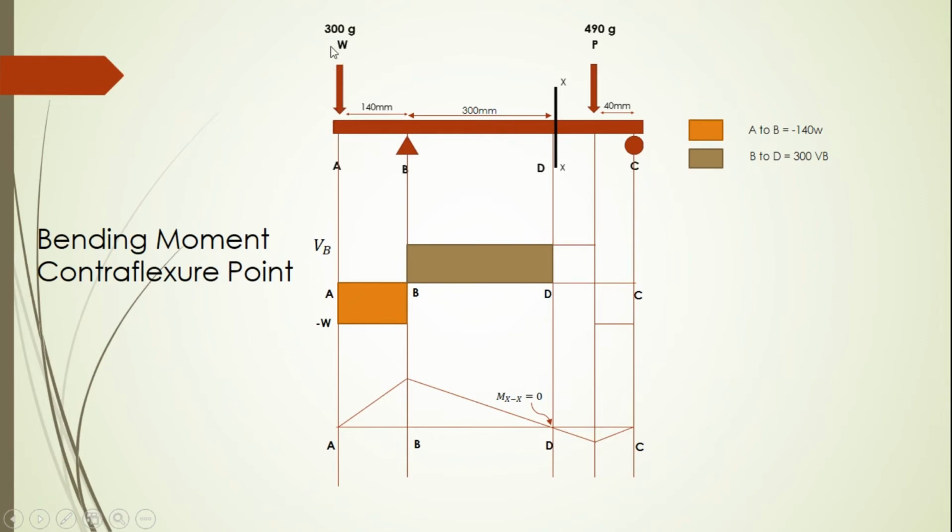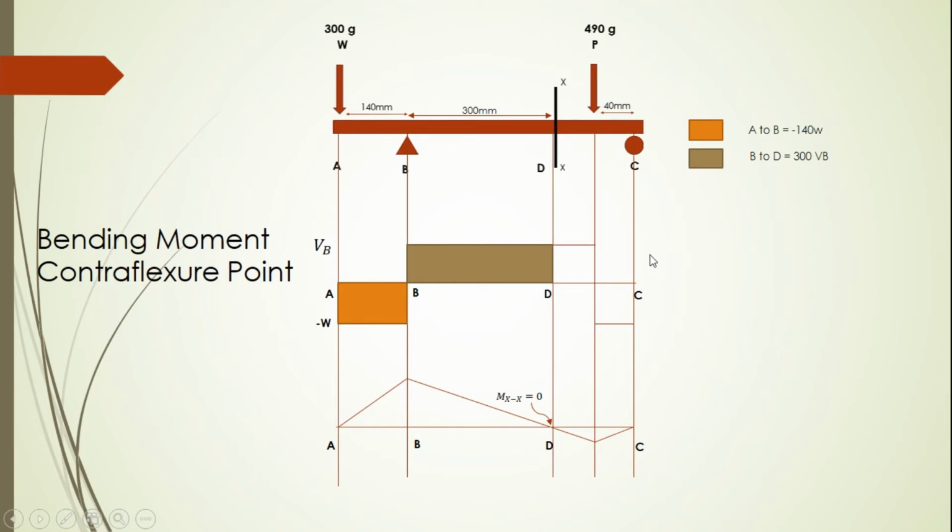We can see that the negative W is from the force that acts downward from point A. It's going to be negative from A to B, where there is no force, until we reach point B. At point B we have a reaction force going upward, until at point B the load is applied. So it will go downward until C.